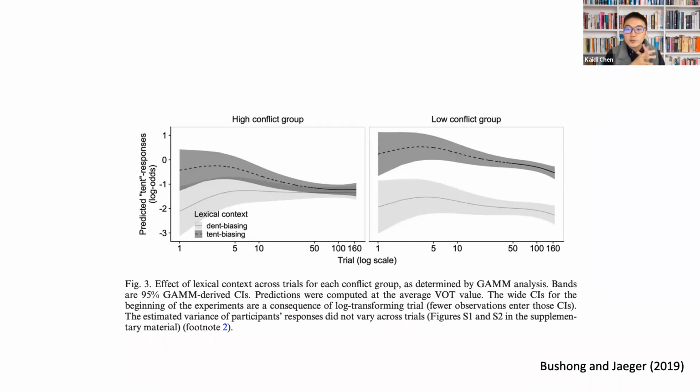In the low conflict group, you see a lexical context effect in the beginning of the experiment, and it persists to the end of the experiment. However, in the high conflict group, which is really fascinating, you see a large lexical context effect in the beginning. However, it dissipated over time.